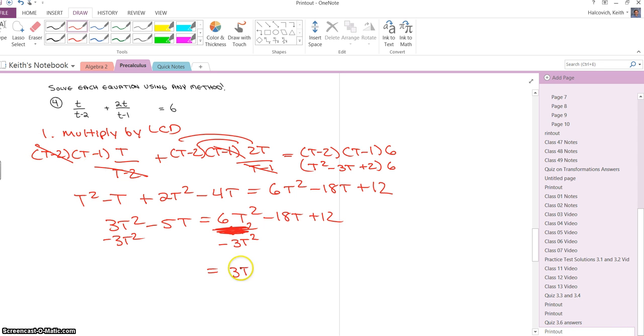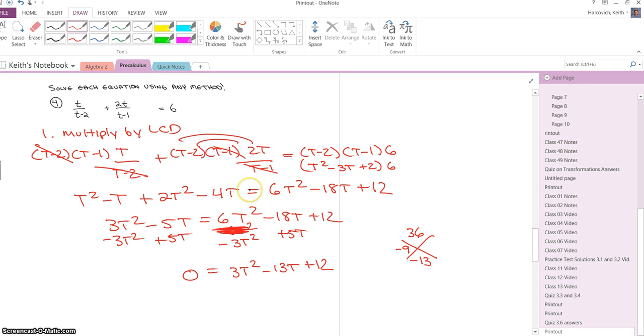So you're going to have 3t squared, and you're going to add 5t. So you have minus 13t plus 12. So then you see if you can factor. Well, are there factors of 36 that add to negative 13? And the answer is yes, there are.